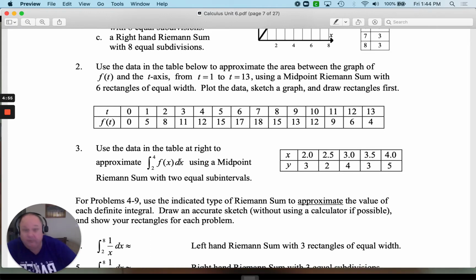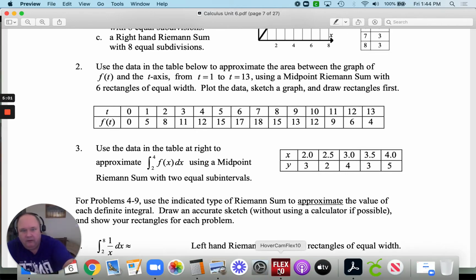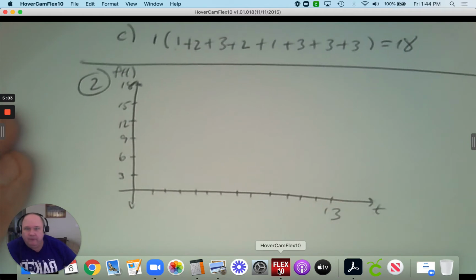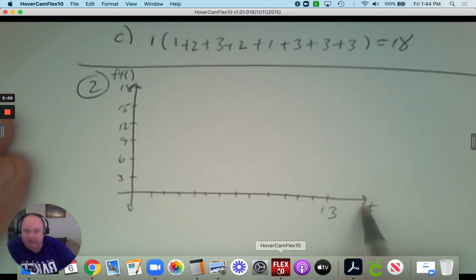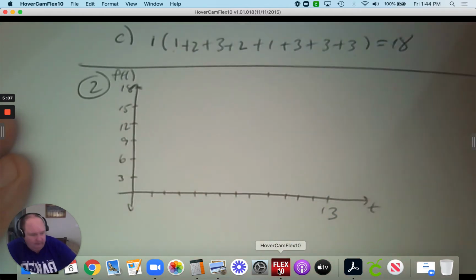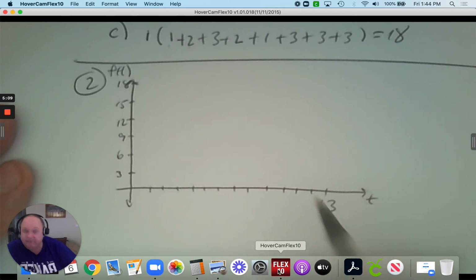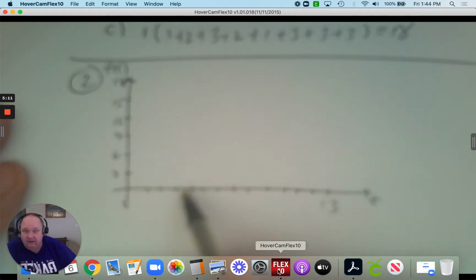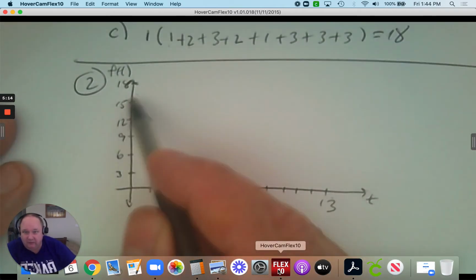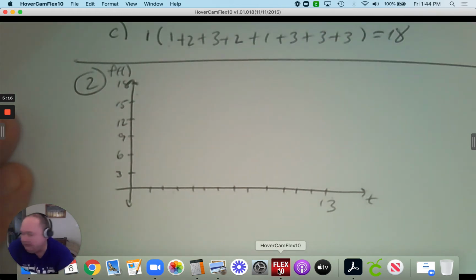That's f of t and t. I'll show you my work right now, and then I'll plot. So there's my axes. One is the t-axis and the other is the f of t axis. I counted to 13, and then it goes up to 18. I just counted by threes. Now I'm going to plot them.